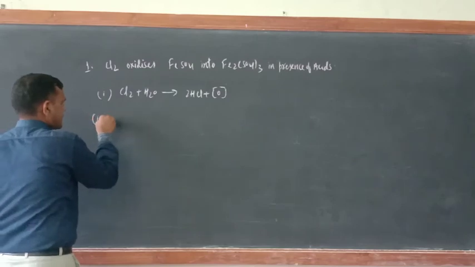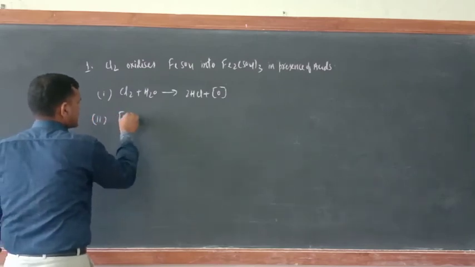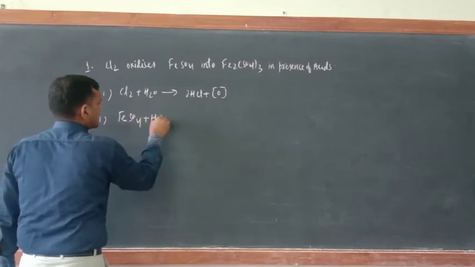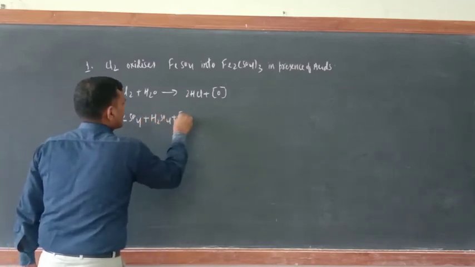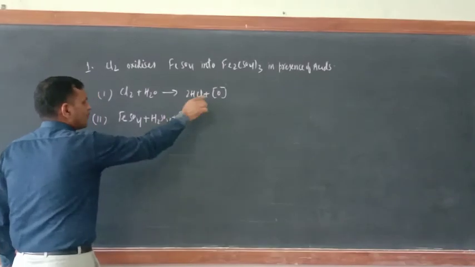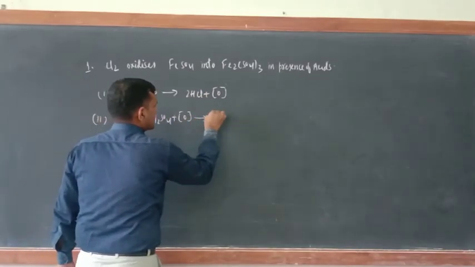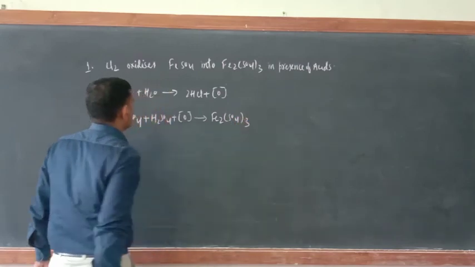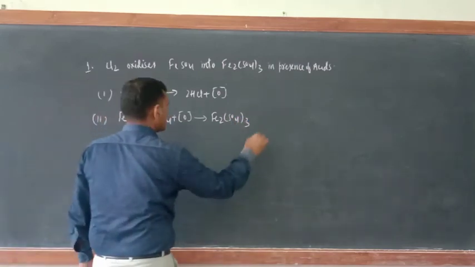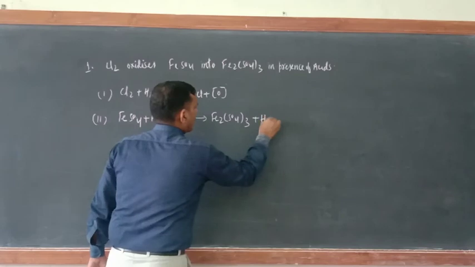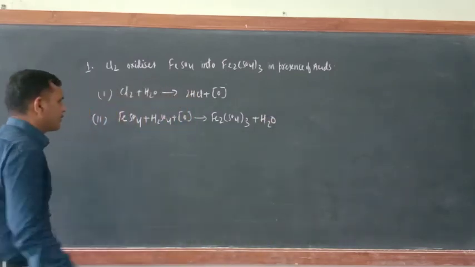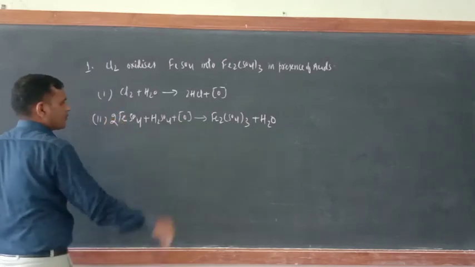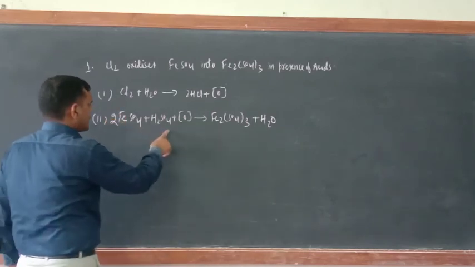Now the second step is FeSO4 in presence of acid H2SO4 plus nascent oxygen, which is evolved in the first step, is equal to Fe2(SO4)3 plus H2O. Okay, just check, everything should be balanced.